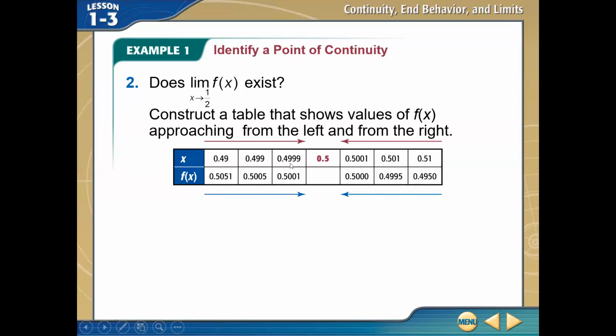And then we go to 0.4999, which is getting even closer. To construct the table, this is where your technology makes your life easy. If we didn't have technology, we would have to plug each and every single one of these into our equation.